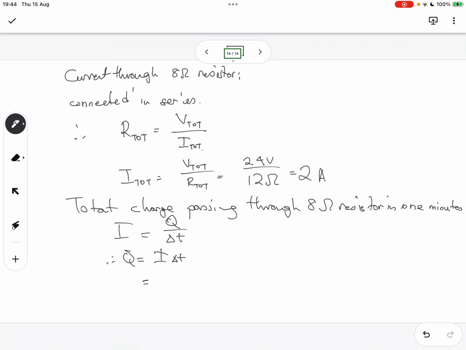Then Q would be I times delta T. We know the current is 2 amperes and we know the time is 1 minute or 60 seconds. And this will be 120 coulombs. So 120 coulombs of charge passed through the 8 ohm resistor.